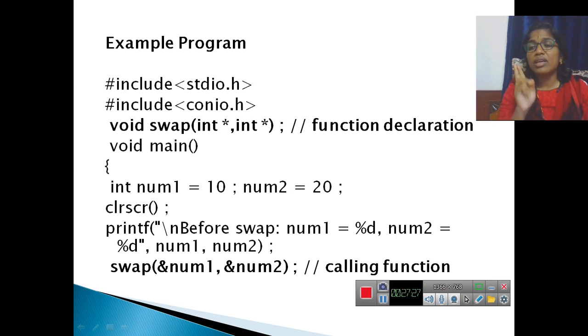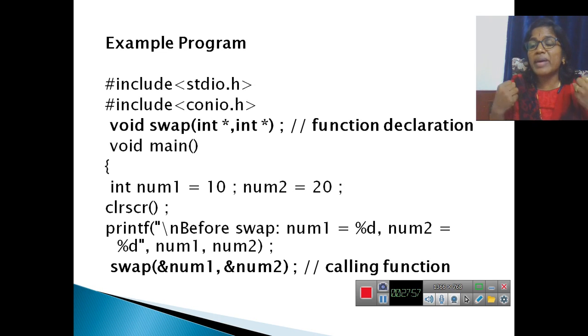We said that formal parameters must be of type pointer variables because they must hold the address. We are giving the address to the called function, so the function definition must be able to hold the address which you are passing.